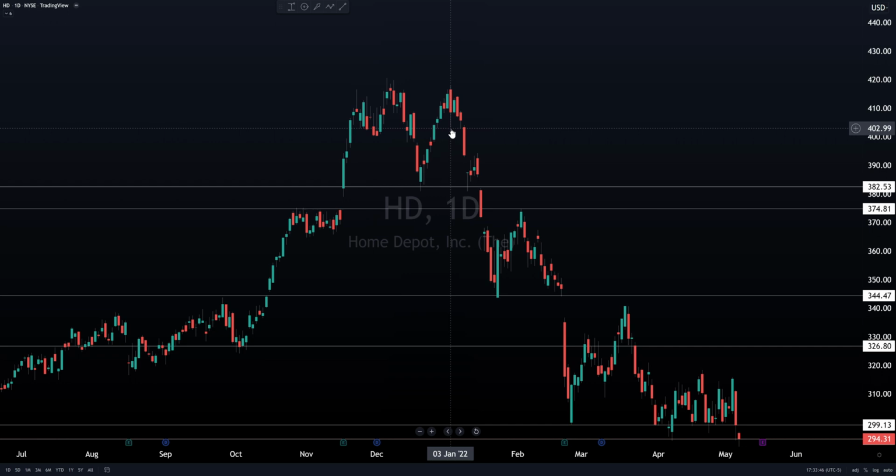This seems to be a very general area where I would want to pay attention. So I'm going to mark it at the base of that first red candle, like right there. And I'll keep an eye on this. Is it a big level? Not really.